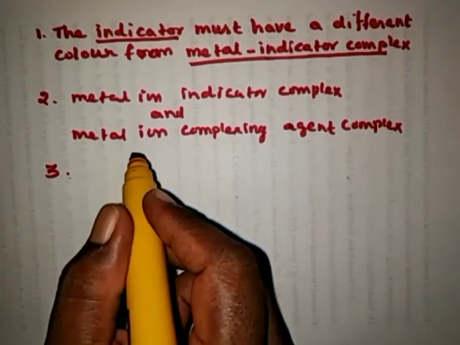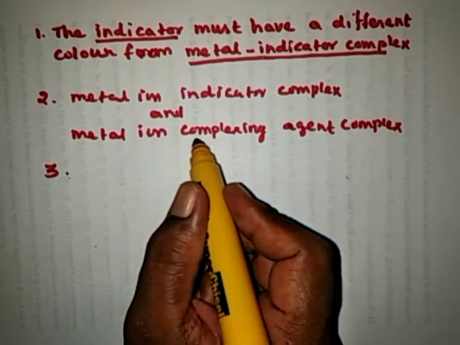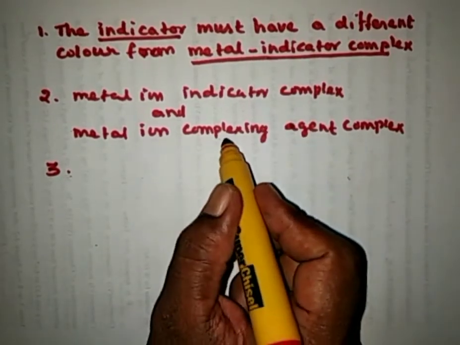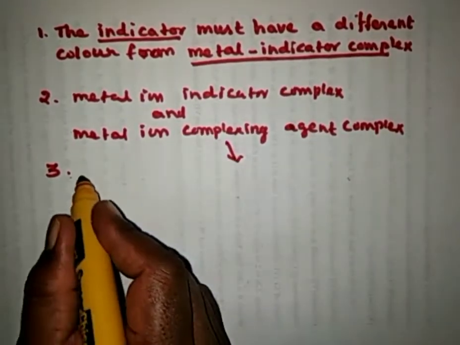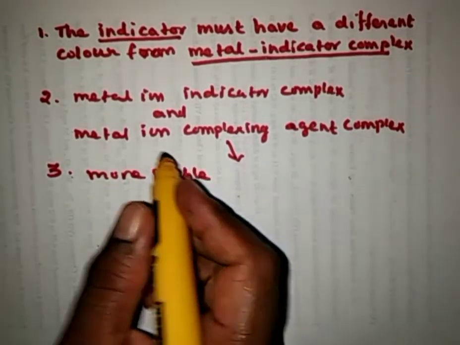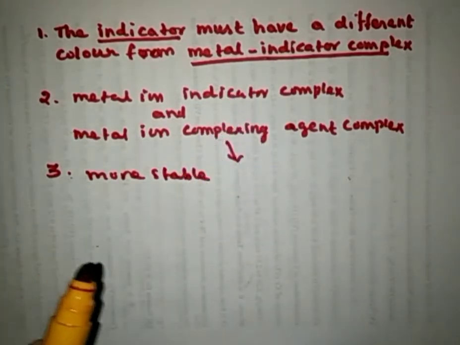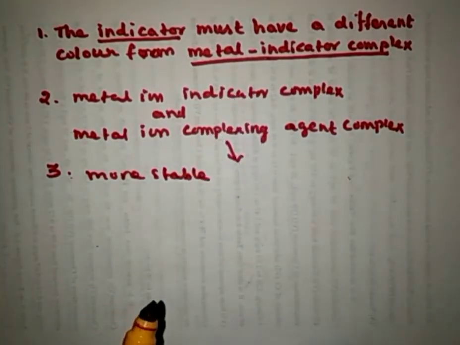Here we have the complexing agent we are using in the estimation. That means the metal ion complexing agent complex should be more stable than the metal ion indicator complex. Then only we can identify the exact endpoint in the estimation of the metal ions.